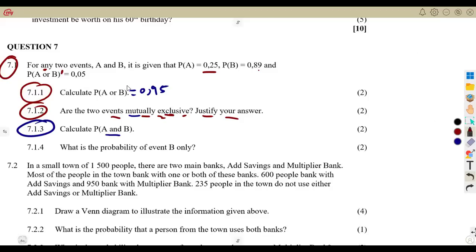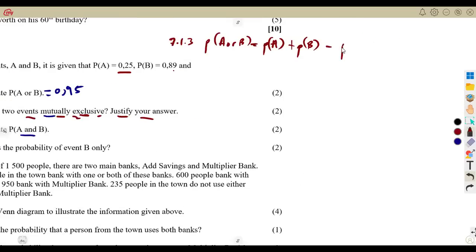Remember the probability of A and B, guys. If you are given the probability of A or B, there's that formula that I said works for any event that is happening. The probability of A or B is equal to the probability of A plus the probability of B minus the probability of A and B. It works on each combination, whether they are mutually exclusive or not.